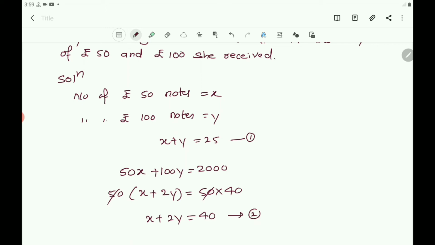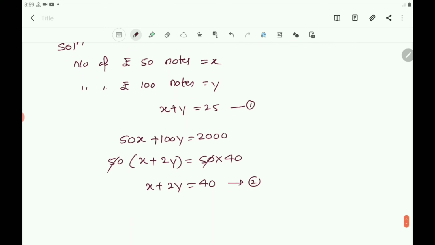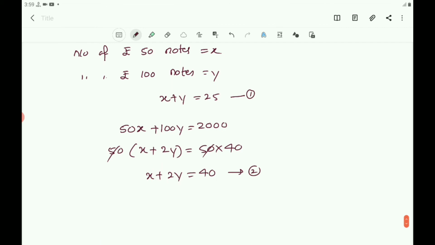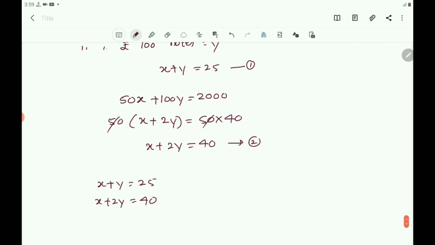What I have done here, 50 is common in both parts, in LHS and RHS you take 50 as common. Here 50 into X plus 2Y and 2000 means 50 into 40. So you got X plus 2Y is equal to 40 here. Now take both the equations together as a pair of linear equations. X plus Y is equal to 25 and the second one is X plus 2Y is equal to 40.